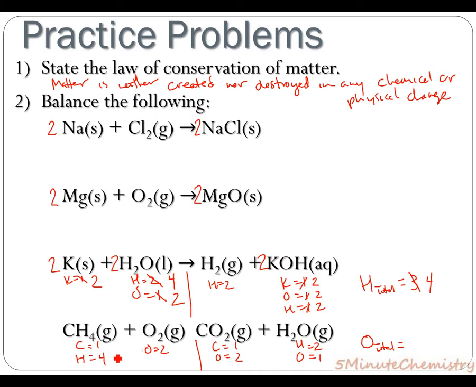Now, as I compare these, I'm going to notice first off that I have 4 hydrogens here. I have 2 hydrogens here. I have 2 oxygens here, and I have 3 oxygens here. So I'm going to begin by fixing the hydrogen problem. If I do a coefficient of 2, I now have 4 hydrogens, which is what I want.